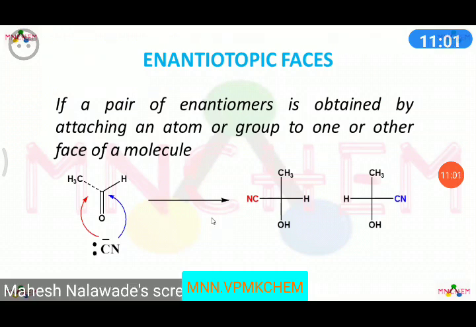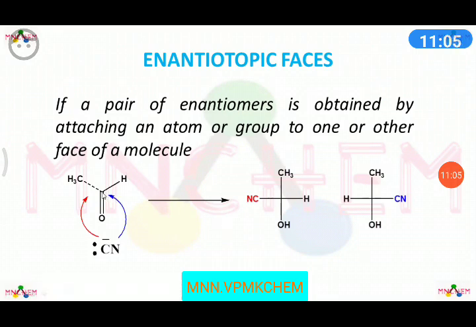Here, we need to understand one thing. Initially, this carbonyl carbon, sp2 hybridized carbon, is achiral. It is attached to three different groups, but it is achiral. After the reaction, we get a carbon which is converted to a chiral center.